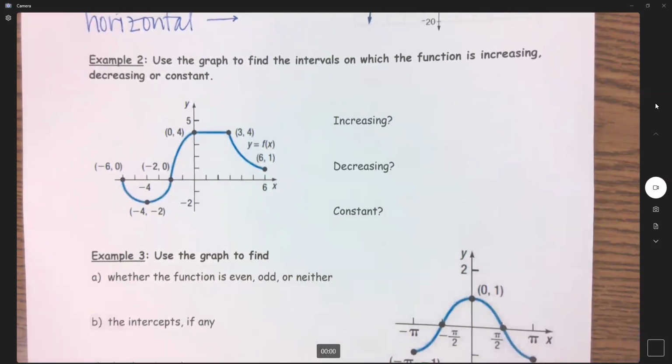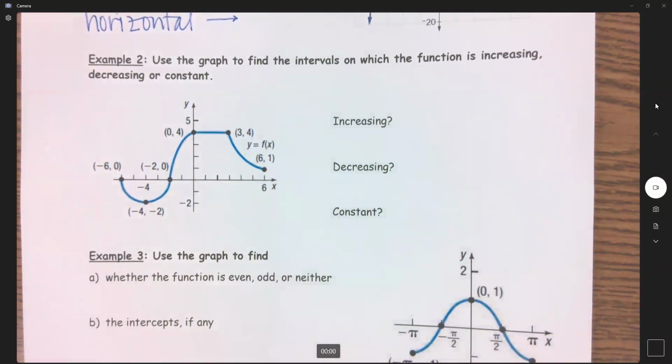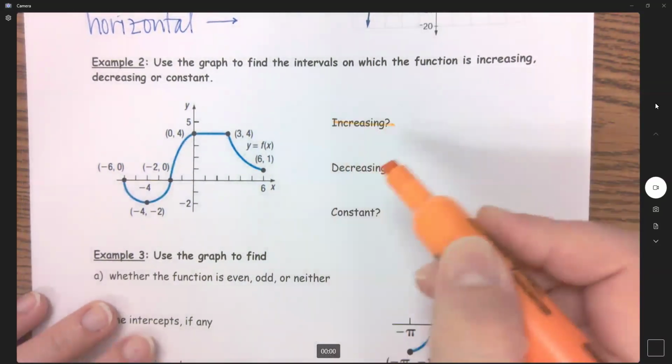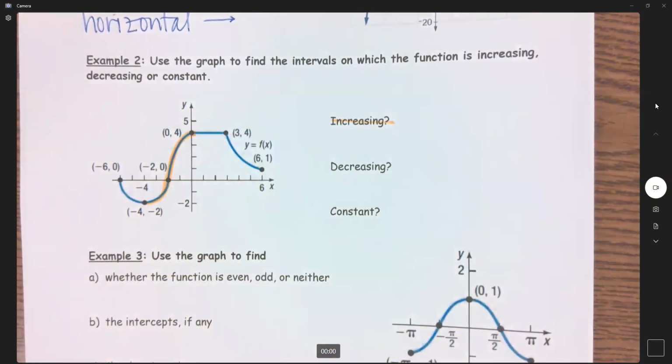So example 2 wants you to use the graph to find the intervals on which the function is increasing, decreasing, or constant. So where is this increasing at? And it looks like here it is increasing from here to here. That is where this is rising.